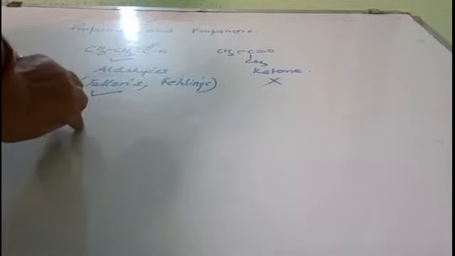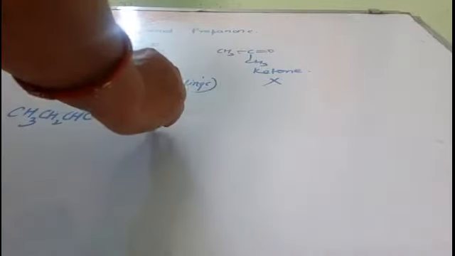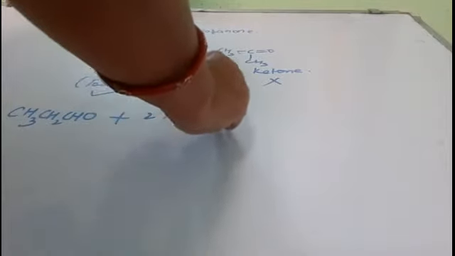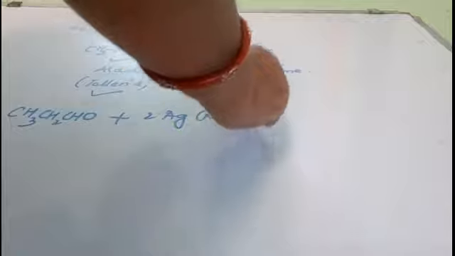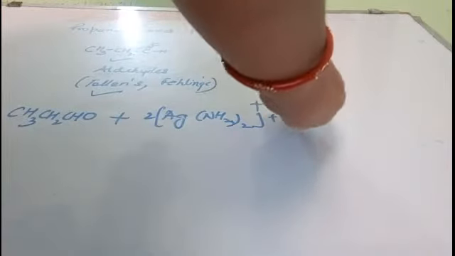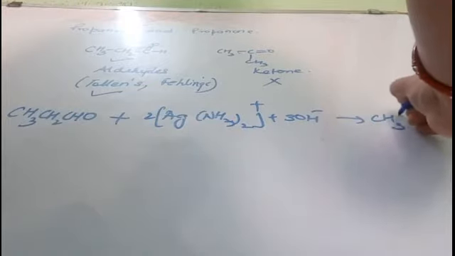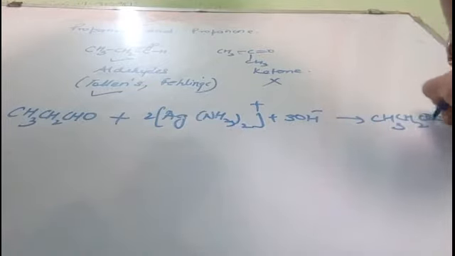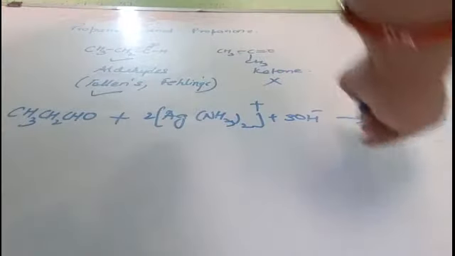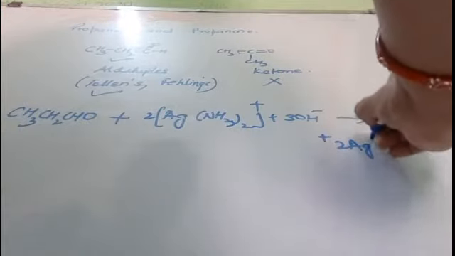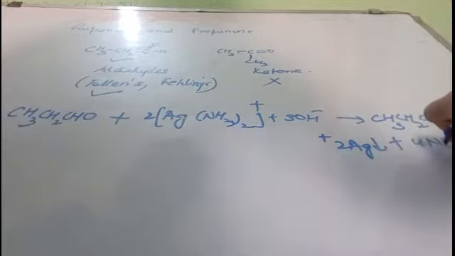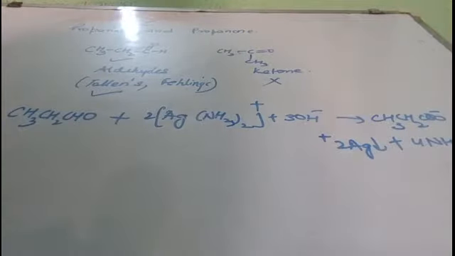So you can give the test, Tollens test and Fehling test of propanol, such as when propanol reacts with Tollens reagent, carboxylate ion will be formed, silver mirror will be formed along with ammonia and water, which will not be formed in the case of propanone.